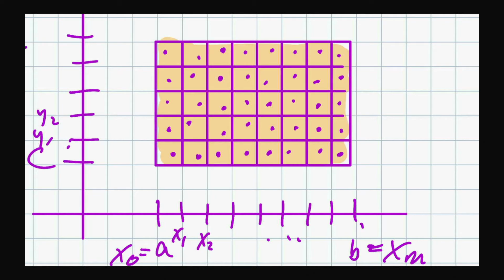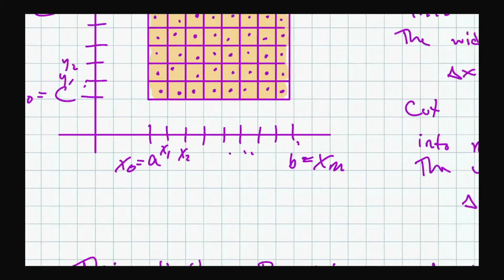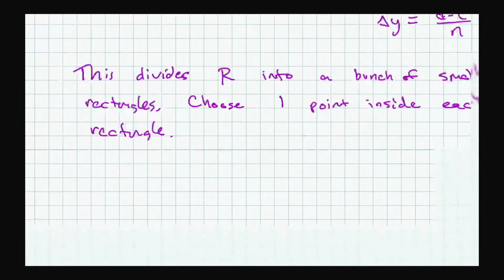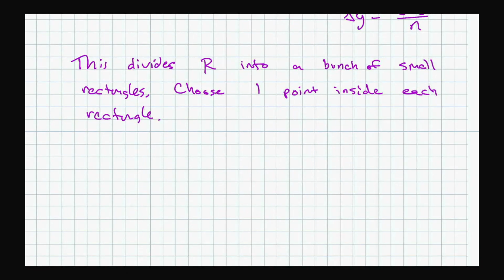And each of those points can be referred to in a certain way. We could say choose one point inside each rectangle. Let's call those points xij, yij, where the ij refers to the location of the rectangle.